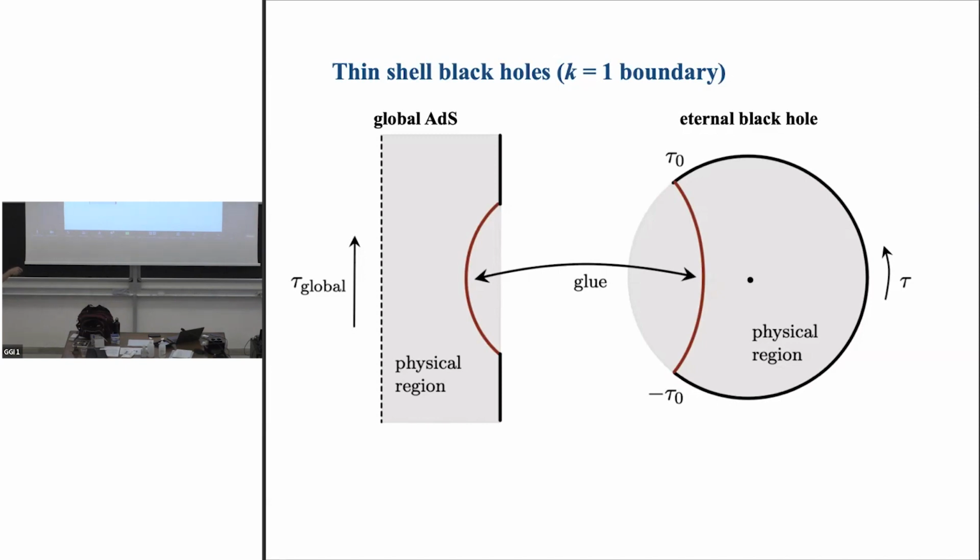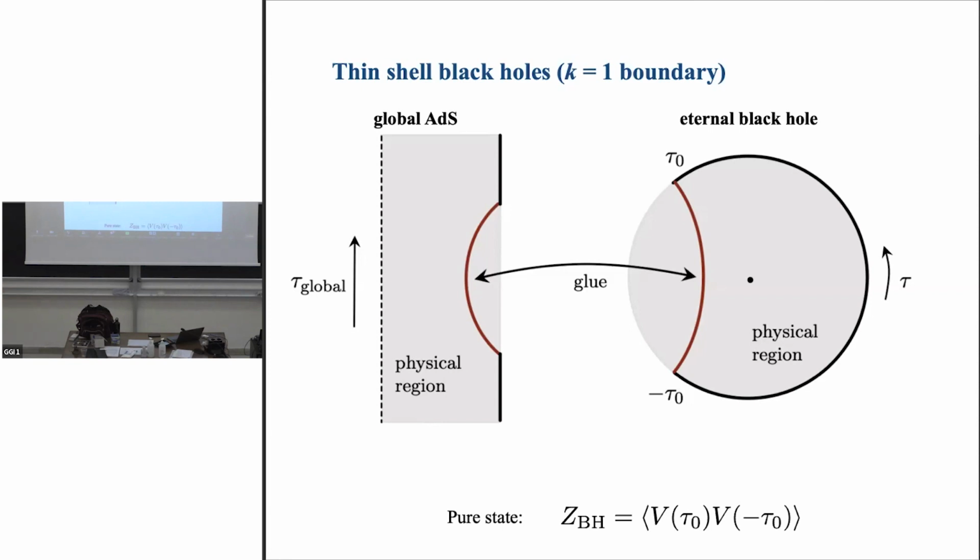The shell is inserted at Euclidean time minus tau 0. If we're calculating a norm, the dagger is inserted at plus tau 0. So the path integral for this black hole is calculating V dagger, or in terms of these operator insertions, V of minus tau 0 and V of tau 0.